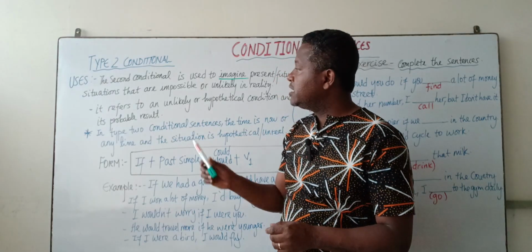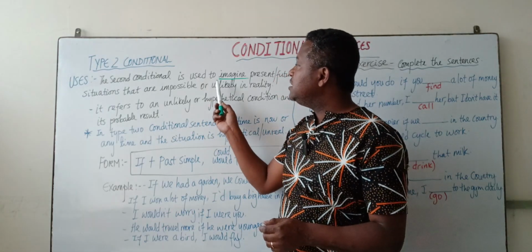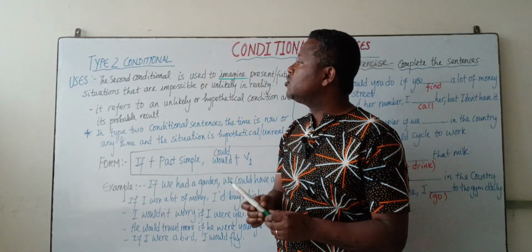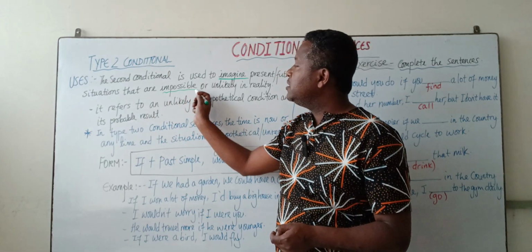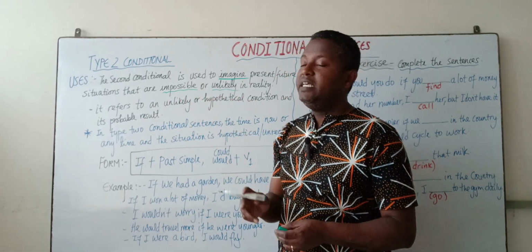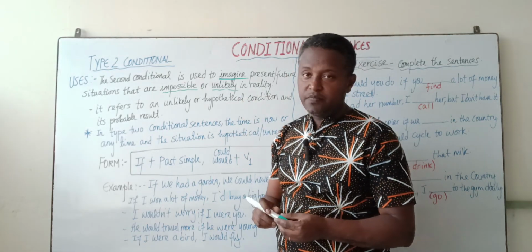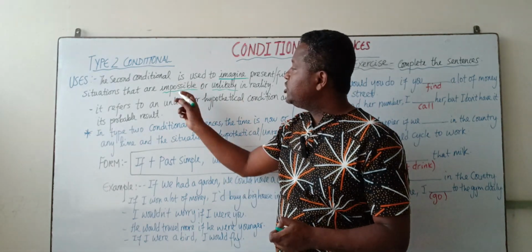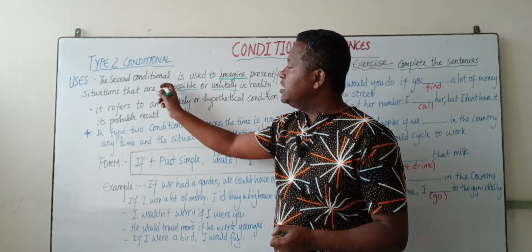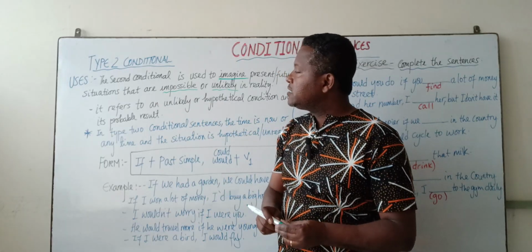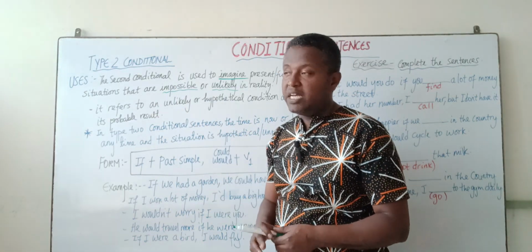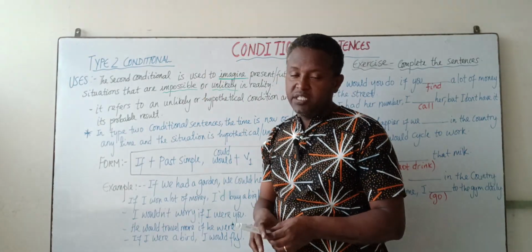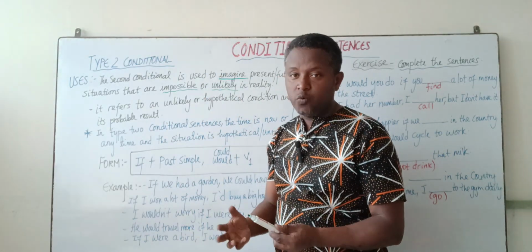It is used to imagine present or future situations that are impossible or unlikely in reality. So the situation that we deal with in conditional type 2 is impossible or unlikely. That's why we say an imaginary or unreal situation in general.